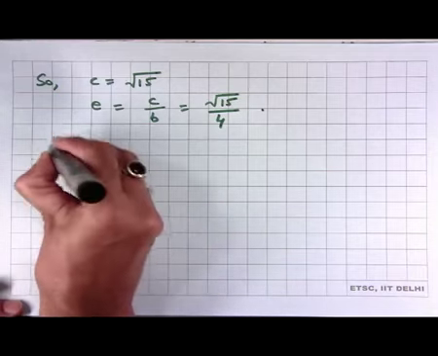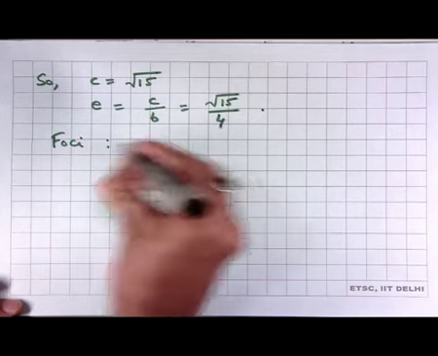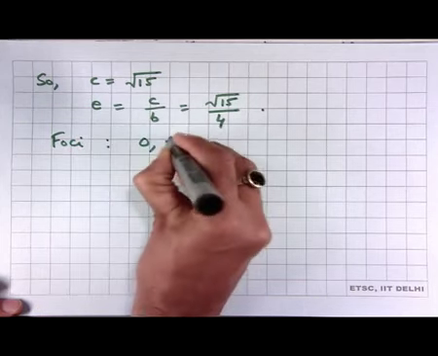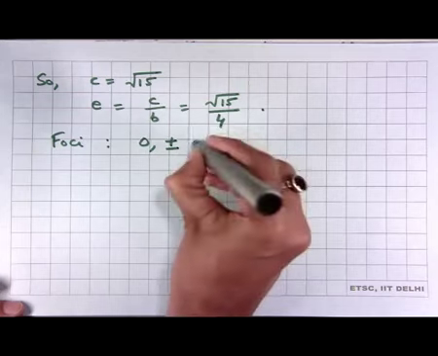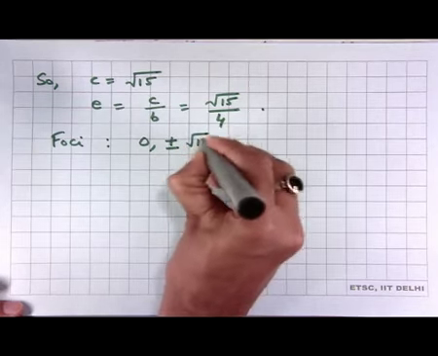Therefore, the foci are at (0, plus minus root 15).